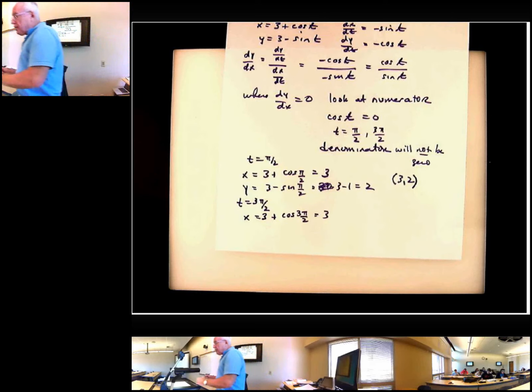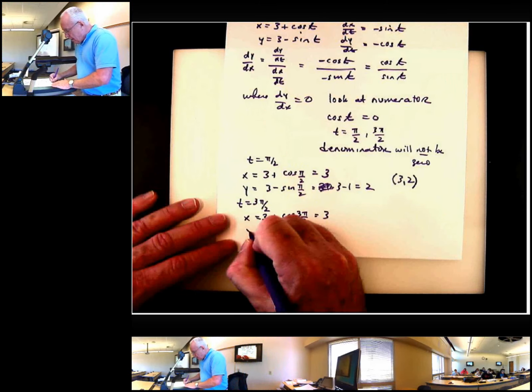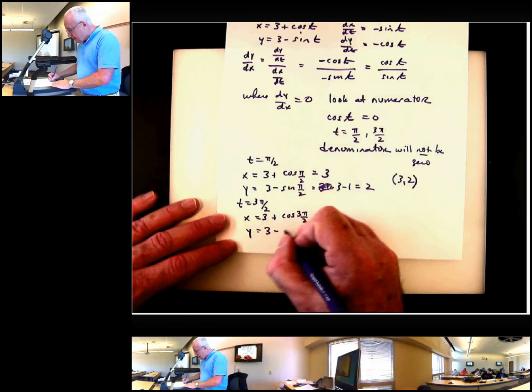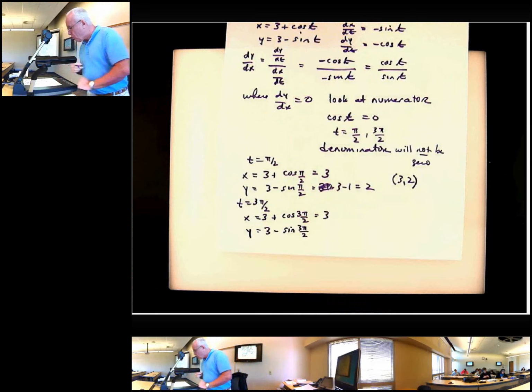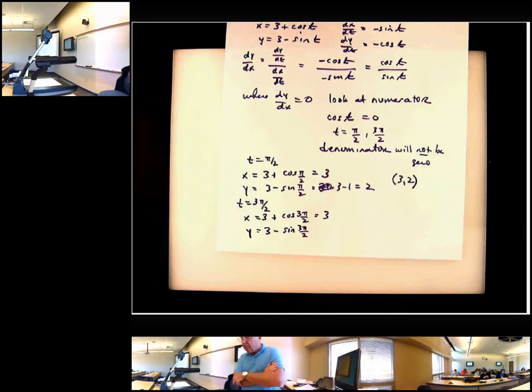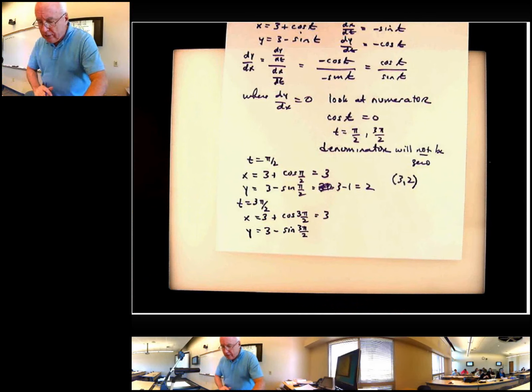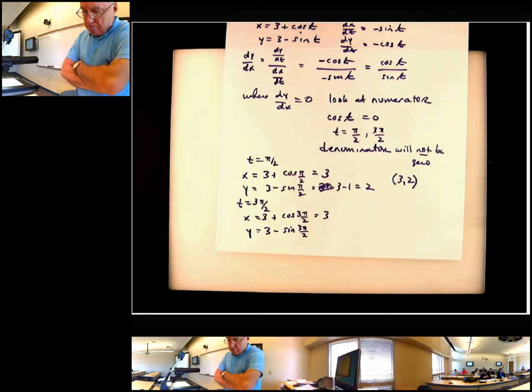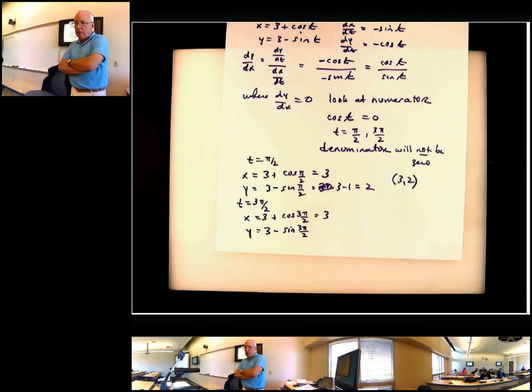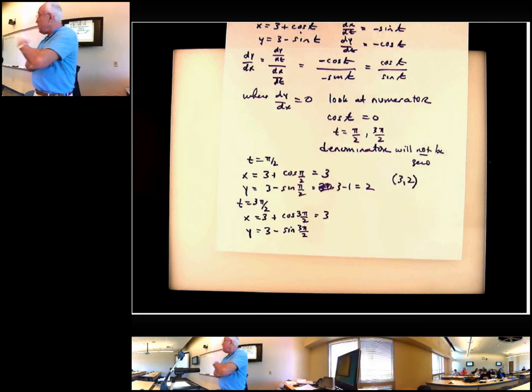The y value is going to change, though. y is equal to 3 minus the sine of t, so that's 3 minus the sine of 3 pi over 2. So what is the value of the sine of 3 pi over 2? Negative 1, right.